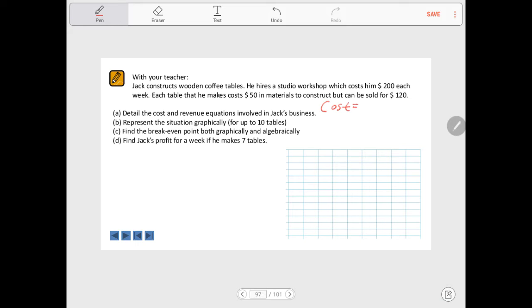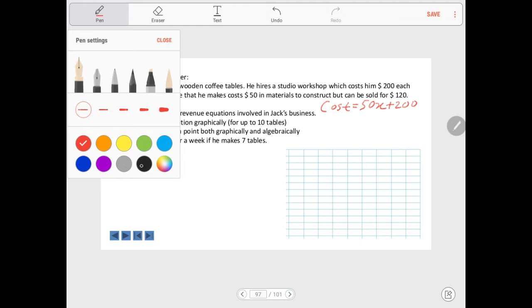Okay, so the cost is equal to, let's see, $50 in materials to construct each table, so 50 by X number of tables, plus $200 for the studio each week. So the cost is equal to 50X plus 200, where X is the number of tables.